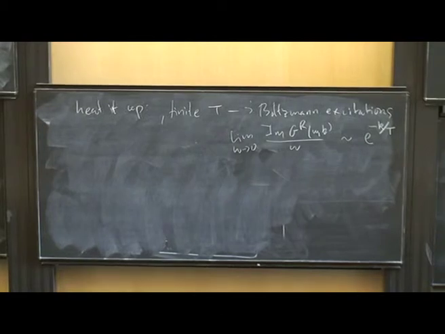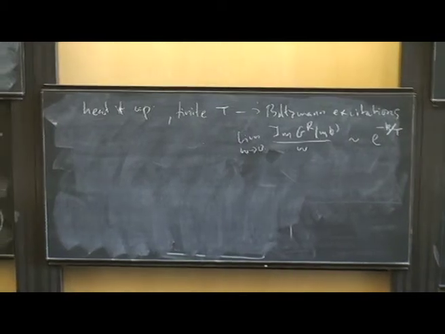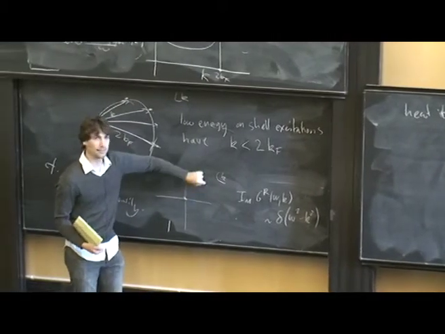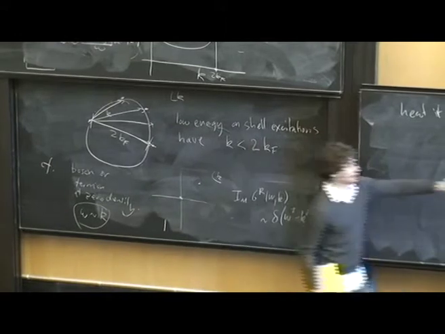And so, if you remember Fermi's golden rule for the rate of scattering, it depends on the density of states that you're scattering into, right? So when you heat it up, there's some exponentially small density of states exciting here, okay? And so you can move into those states, right? And that's this.